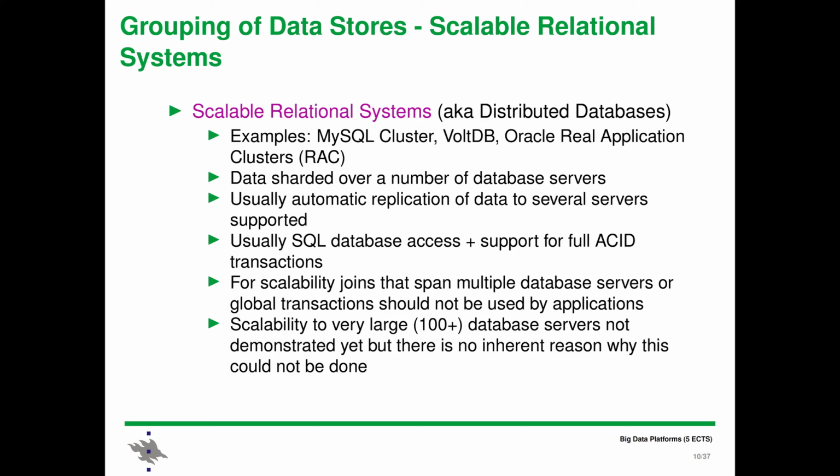Things like HBase and Bigtable, the extensible record stores we had on the previous slide, are routinely run on 100 plus server clusters, so they actually do scale to very high server numbers.